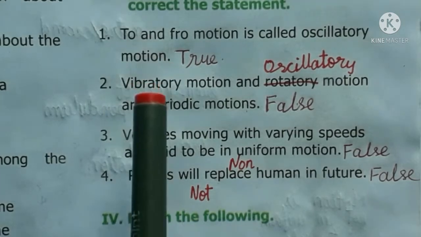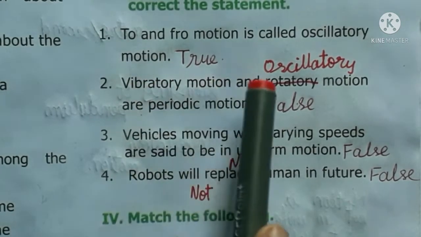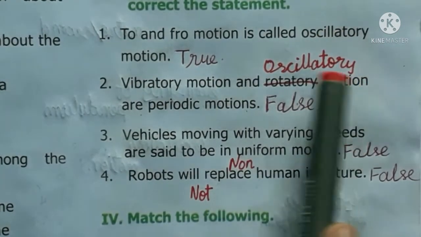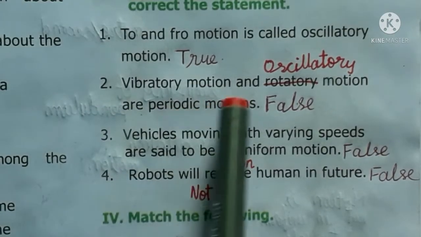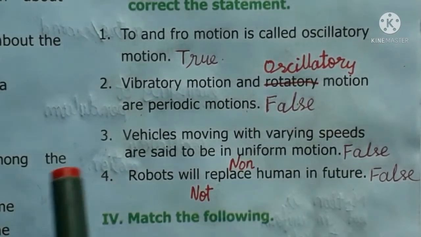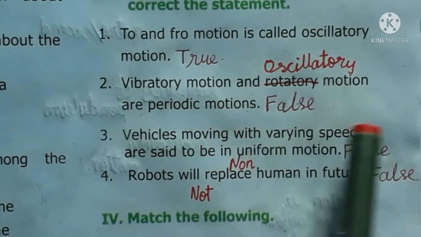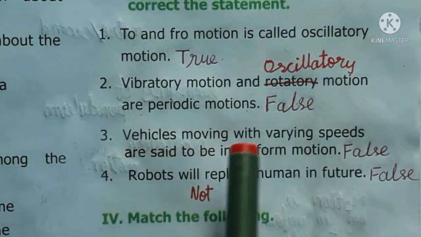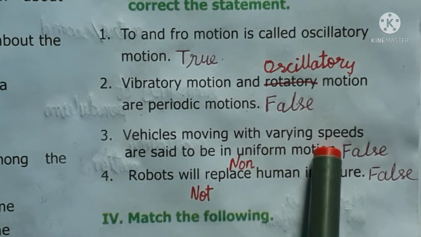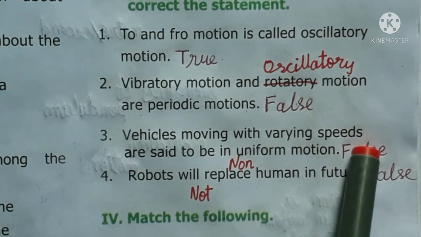Correct statement, vibratory motion and oscillatory motion are periodic motions. Third question, vehicles moving with varying speeds are said to be in uniform motion. The answer is false.